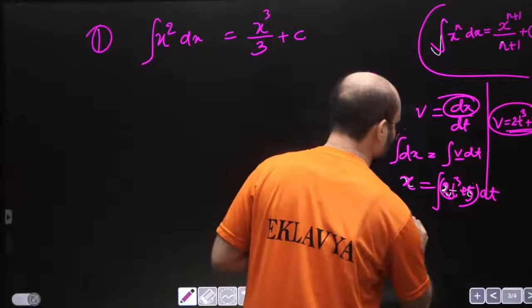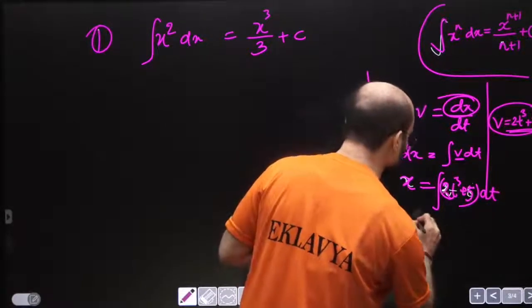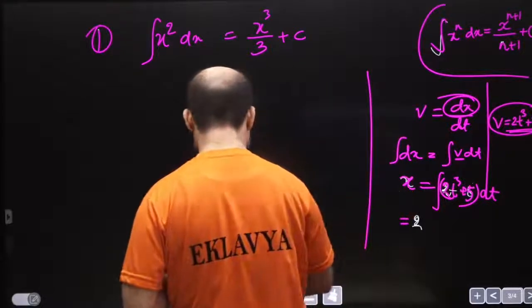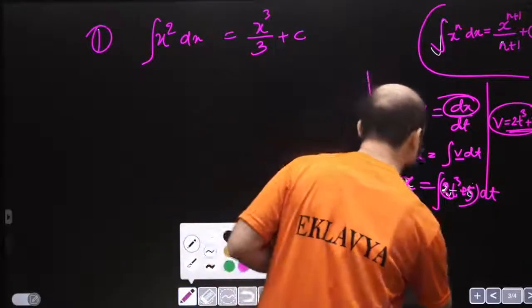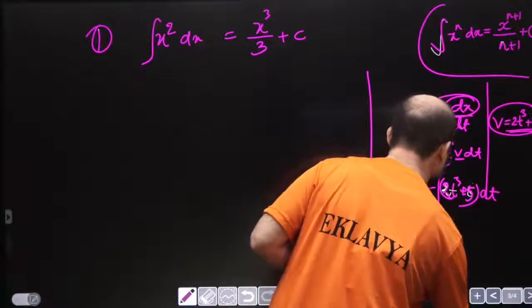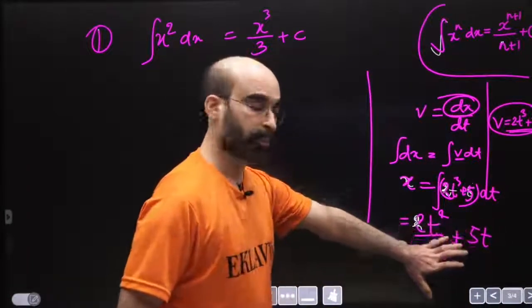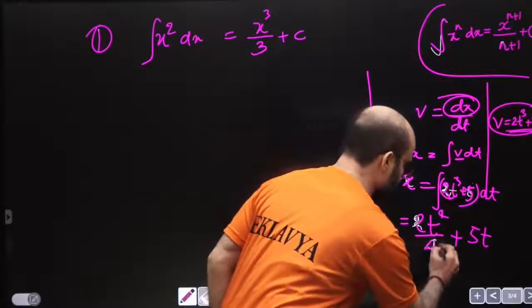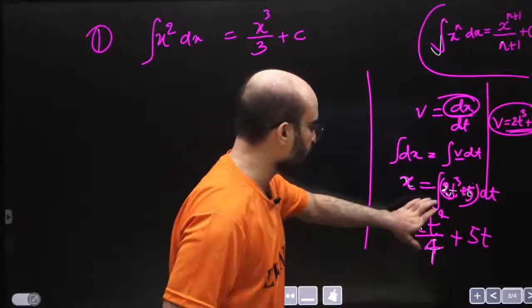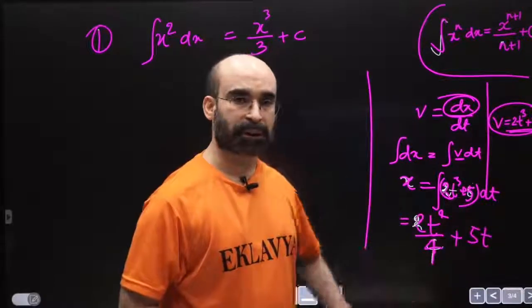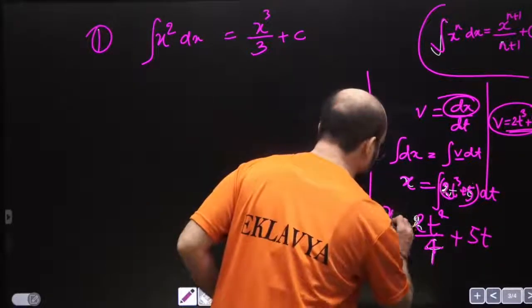So if you work it out, you will get 2 into t raised to power 4 by 4 plus 5t. As per our basic concept, 2t raised to power 4 divided by 4 plus 5t. We have understood this. Now x came out to be this.